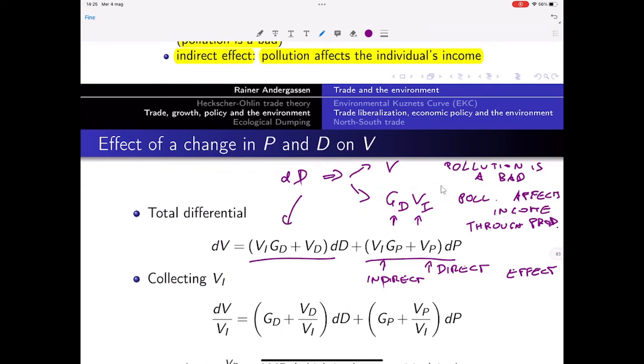It's the same, because the formulas are the same. But prices also affect welfare directly and indirectly. So what I said referred to this part, and I just used the wrong symbol. Sorry for this.